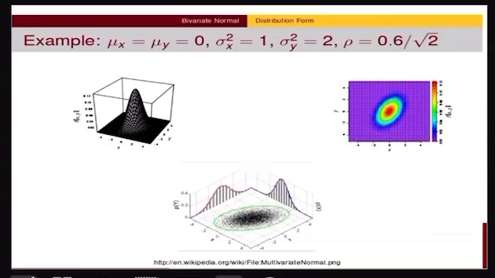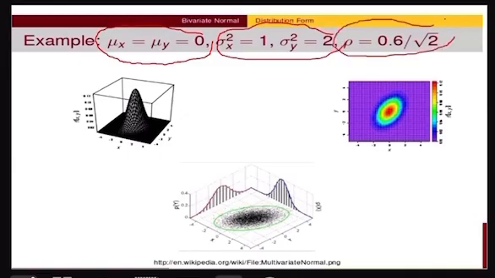Now, if you take a look at what I'm displaying here, imagine a situation where the means of the two variables are equal and are 0, and they have different variances, and this is the correlation between them.